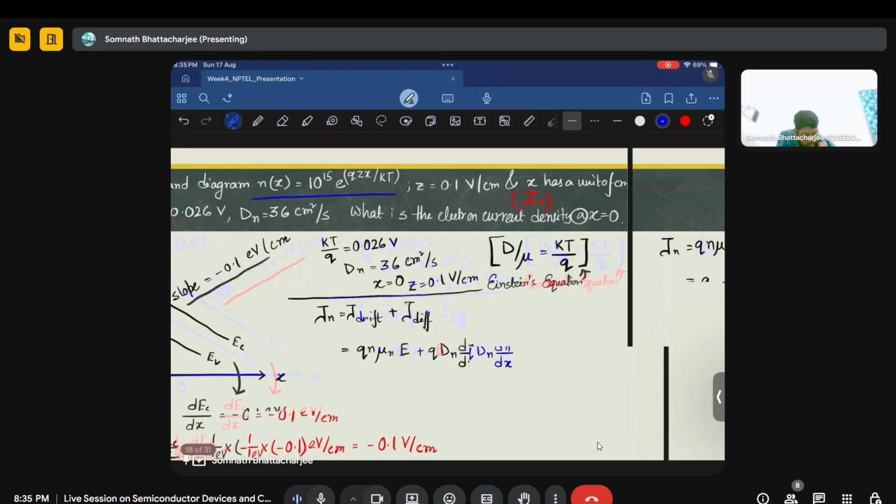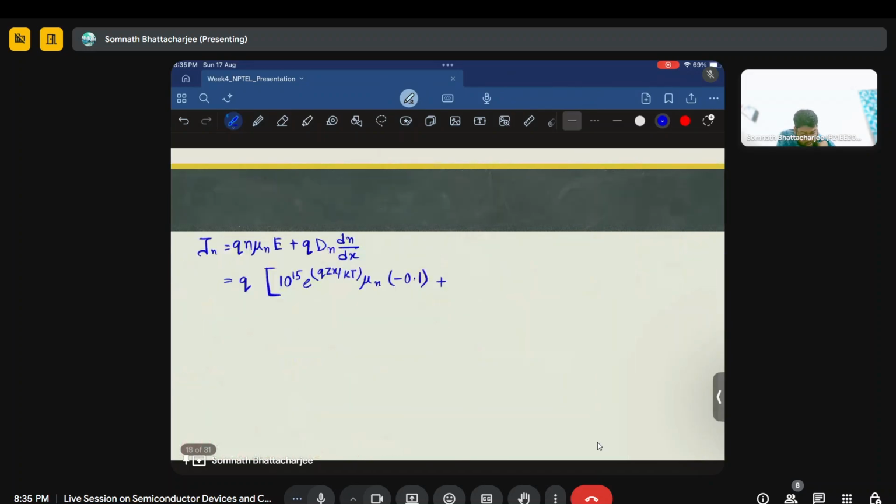not q, the value of Dn. So the value of Dn was 36, or we can write it down as Dn, let's say, and we have to differentiate n with respect to x. So this was the value of n, right? So from that we can write it as 10 to the power 15 exponential of qzx by kT.